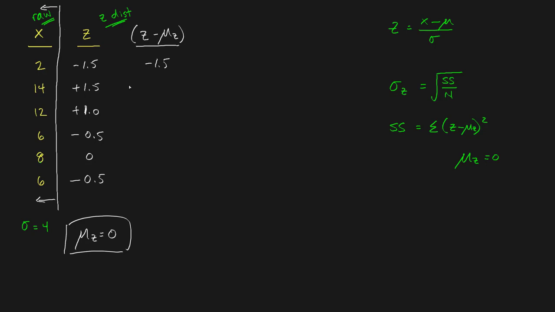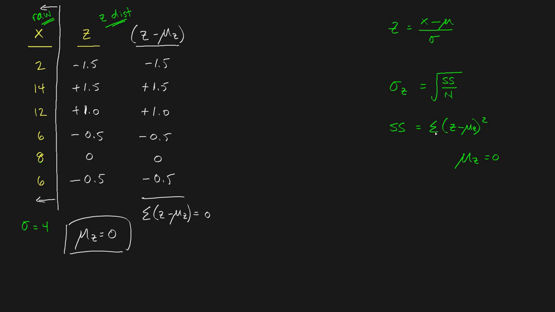So positive 1.5 take away 0 is still positive 1.5. 1 subtract 0 is still 1. And so on. So nothing changes here. And as a check, we can always check to see that our deviations from the mean come out to be 0. And of course they do here. If you add these up, you'll get 0.